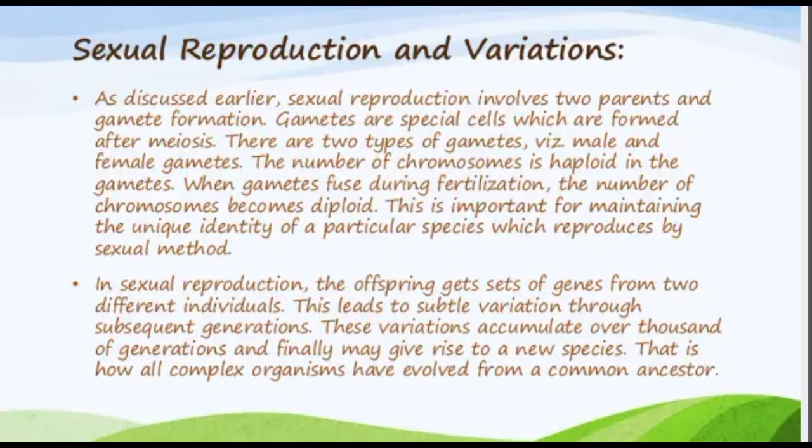And when they both fuse, it forms a diploid zygote after fertilization, that is 2n, or diploid. Here the chromosome numbers are the same as the parents now. But these chromosomes are coming from male as well as female, so that produces variation. That's why the individual is slightly different from both the parents.